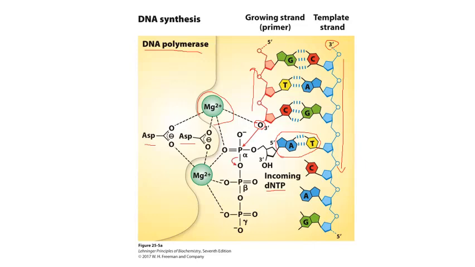Knowing that T goes with A, it forms a base pair in here, so we have the correct nucleotide to come in. We have the 3 phosphate groups. These 2 phosphate groups serve as leaving groups, and we get the formation of the phosphodiester bond. You can see that these interactions are stabilized by the magnesium and by these two residues on the DNA polymerase, allowing for the formation of that phosphodiester bond and the leaving of the two phosphates.